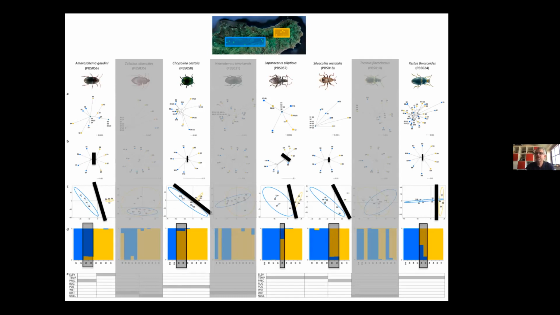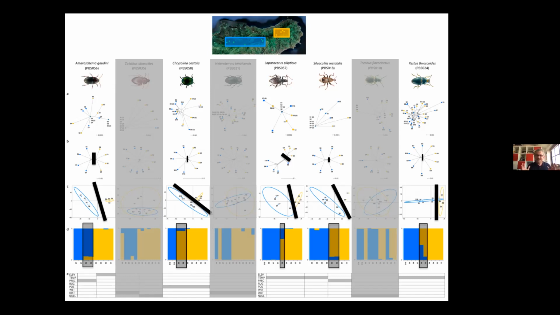The 3 that didn't, I've grayed them out, but for the 5 that did, you can see it's the same key feature in the analyses of admixture, ancestry coefficients. Individuals with mixed ancestry, in all cases, correlate to these populations where these 2 regions abut each other.